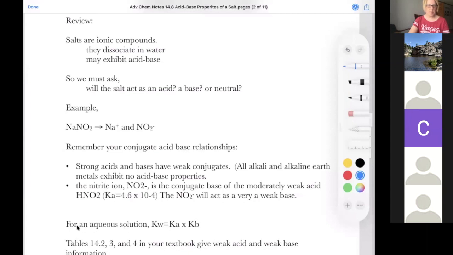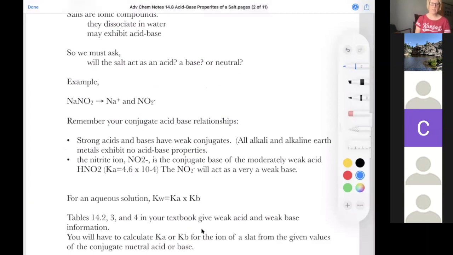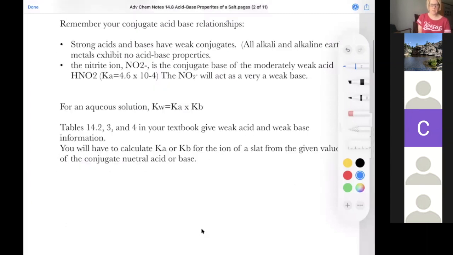Your textbook has given you this relationship, Kw is equal to Ka times Kb. And remember that you have tables 14.2, 3, and 4 in your textbook that give you all kinds of weak acid and weak base information that you'll need in order to calculate the Kas and Kbs here.